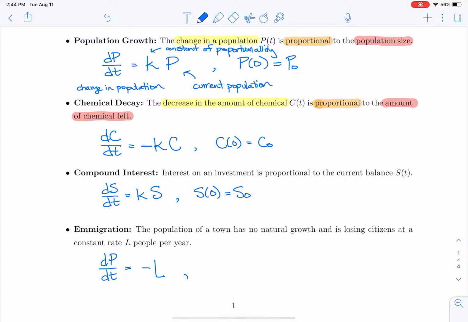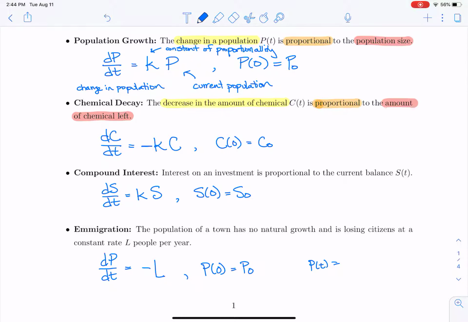And of course, that population is going to start at some initial amount. We'll call it P sub 0. So if there's no growth rate going on and we're just losing people at a constant rate, that just says that the derivative is minus L. Now, again, that's not much of a differential equation. We could certainly find the antiderivative, P of t, if we like.